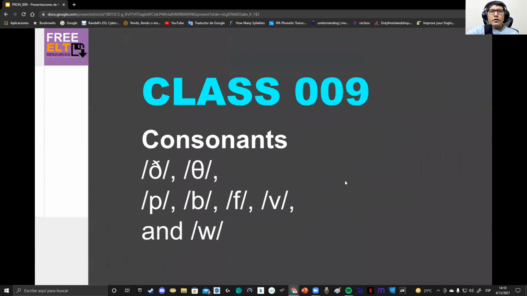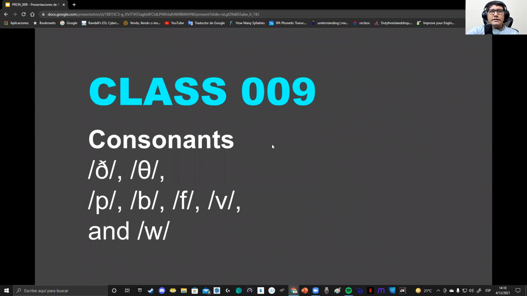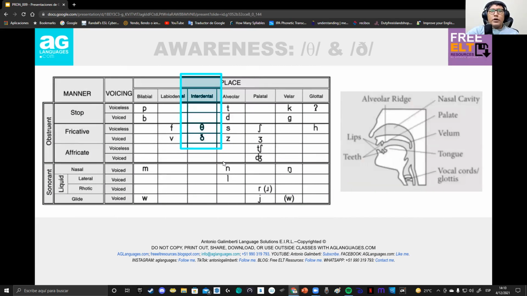Okay. We are going to analyze in this class the consonant pairs. We already had a look at them, and now we are going to analyze the chart. What are these? These are interdental consonants, okay? That's what they are. They are called dental fricatives.